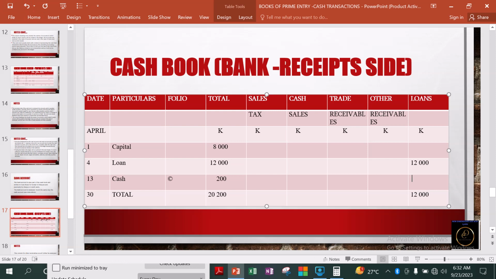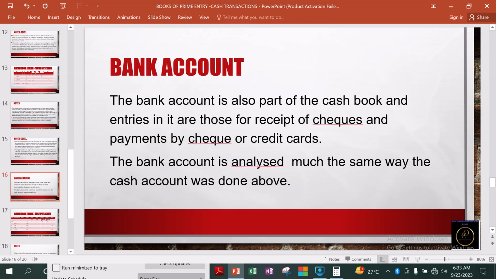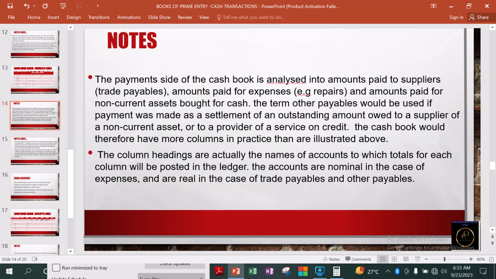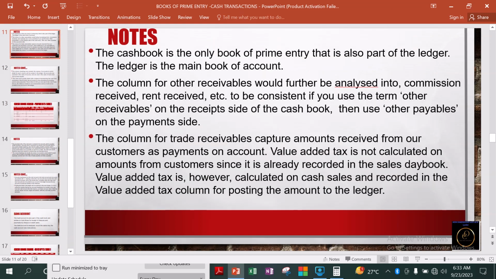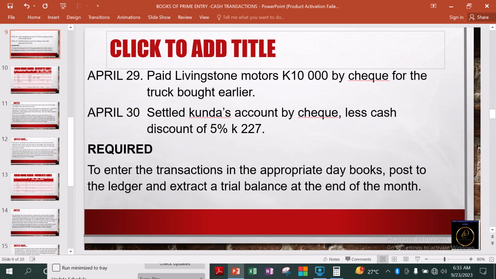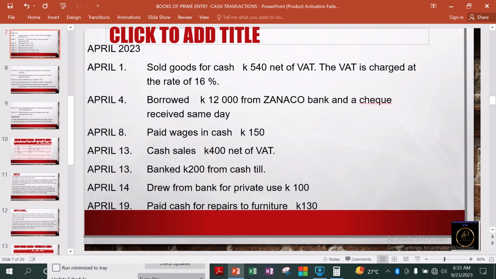Then we go look at the next transaction, to see whether it's going to affect the bank side or the cash side. This is on the 8th of April, paid wages in cash.